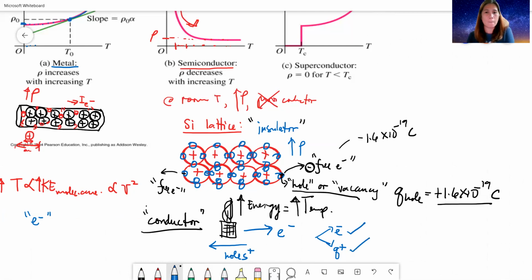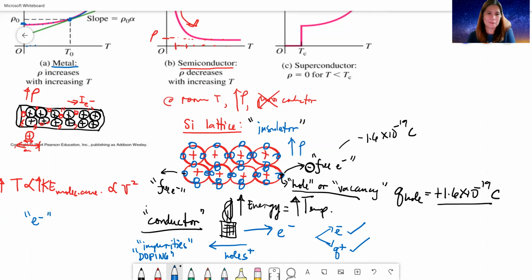Okay? Now, aside from the holes, what they do to increase the conducting ability of a semiconductor is to put impurities. And the process of putting impurities into the lattice is called doping. Yan.